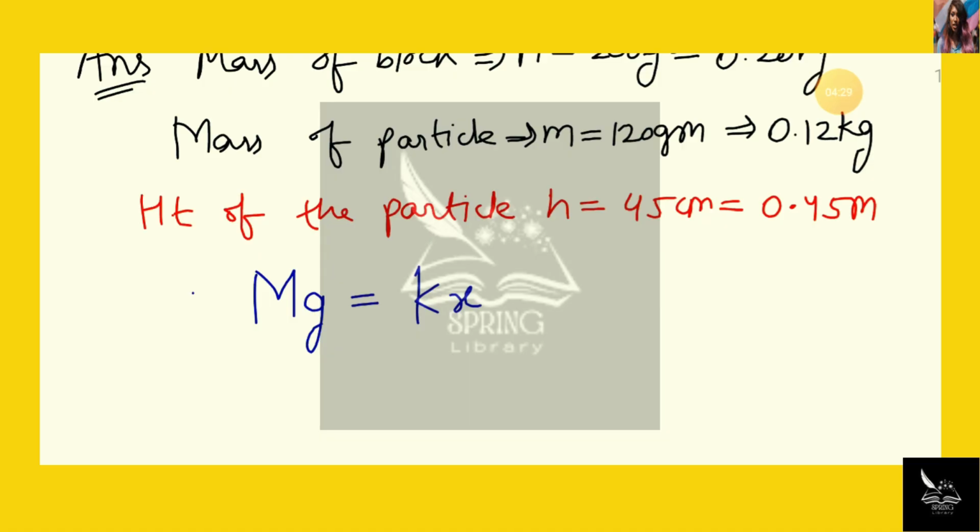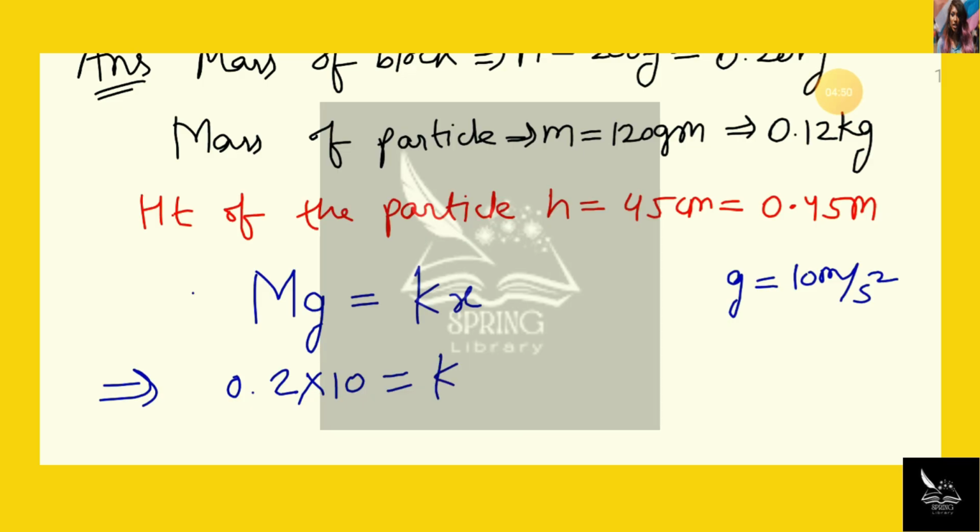Putting in the data, mg is 0.2 kg multiplied by g, which is 10 meter per second square, and this equals k multiplied by x.